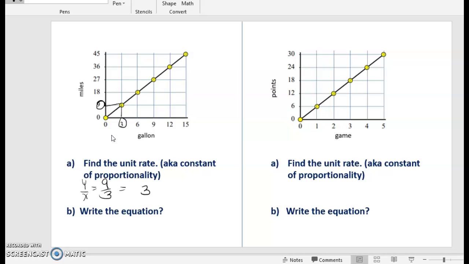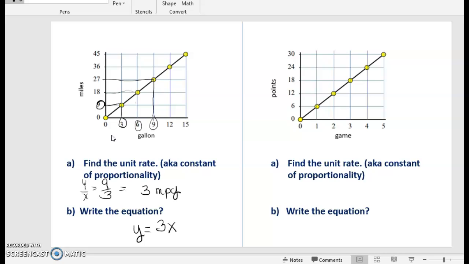So our unit rate is 3 miles per gallon. So our equation, y equals our unit rate times x. Good. And to double check what it means, 3 times the x will give us the y, and it works. 3 times 6 will give us 18. 3 times 9 will give us 27, etc.